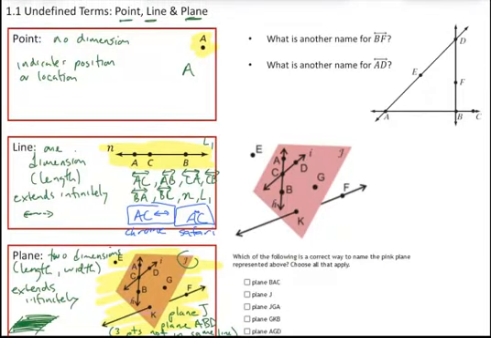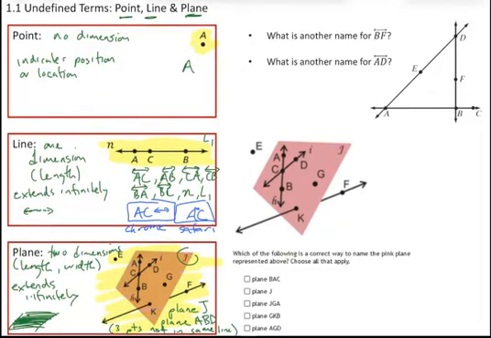All right. So based on those items that I just talked about, see if you can answer the questions to the right on this slide. Can you fill in and choose the correct answers for each of those items? All right, so if we look at this first question, what's another name for line BF?